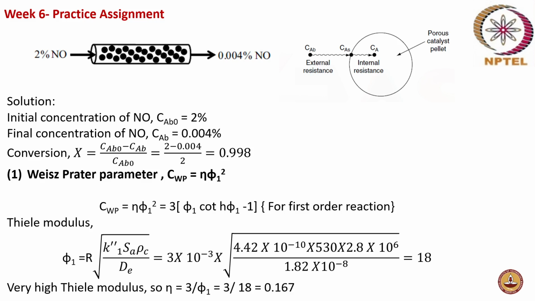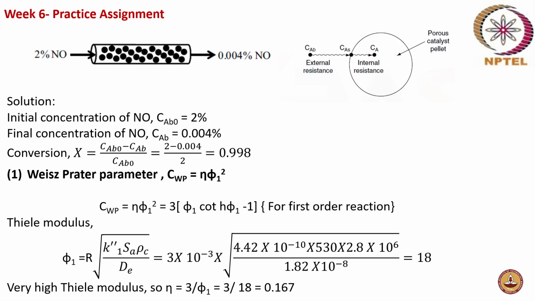So, if the denominator of the Thiele modulus is very small and the value of the Thiele modulus is very high, it automatically says that the reaction is internal diffusion limited. This is additional information I am discussing, because we have seen and calculated this in the previous lectures.